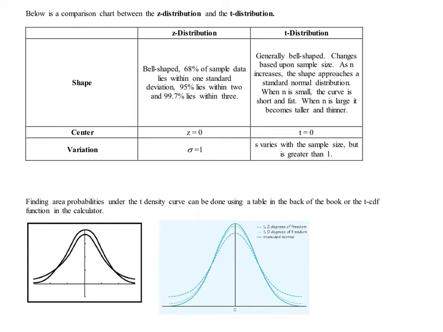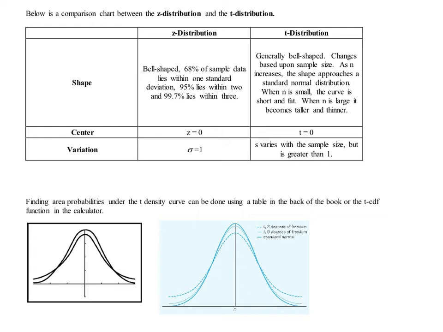When you're dealing with your symmetric bell-shaped curve, it's going to be short and wide for small values of n, but as you increase the sample size, it gets taller and skinnier until it approximates the shape of a normal distribution. And then you could use a z distribution to approximate all the data points.